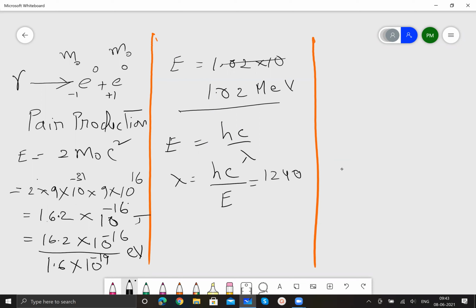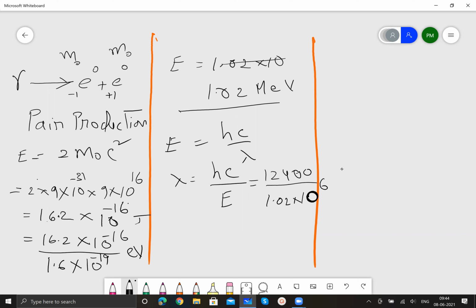So, the value of hc is 12,400 electron volt angstrom, divided by 1.02 into 10 to the power of 6 electron volts, converting million electron volts to electron volts.